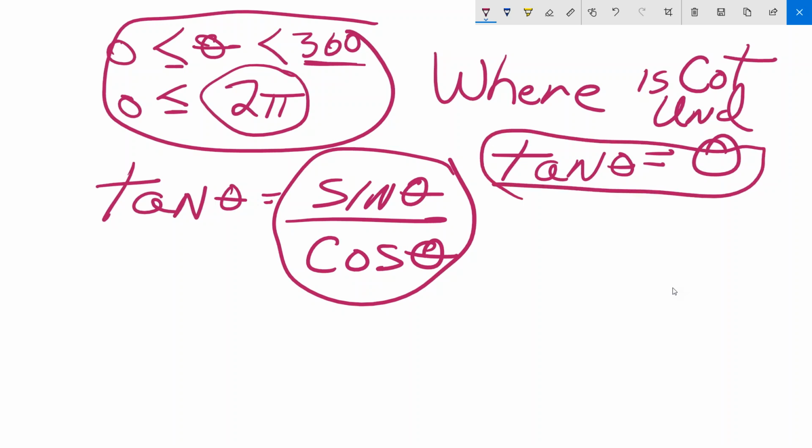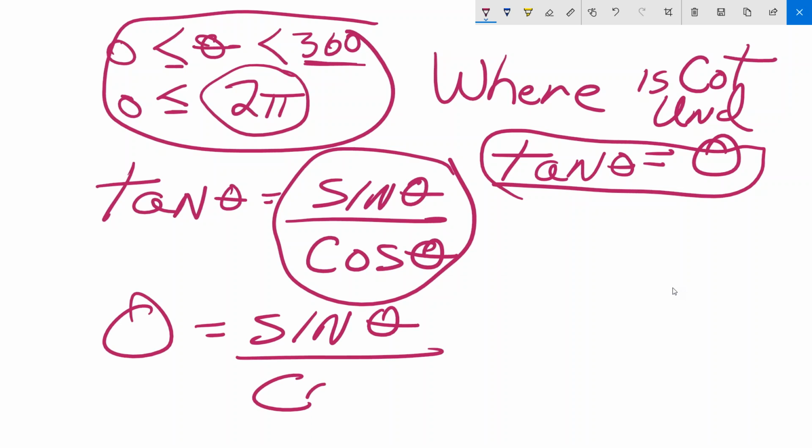Okay? If tangent's equal to sine over cosine, how can that be 0? If I say 0 equals sine of theta over cosine of theta, what has to be true? No, sine of theta has to be 0.